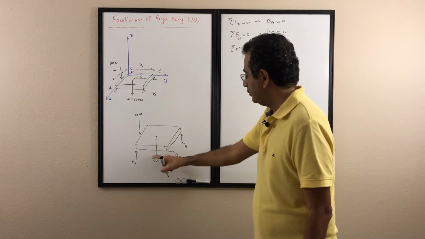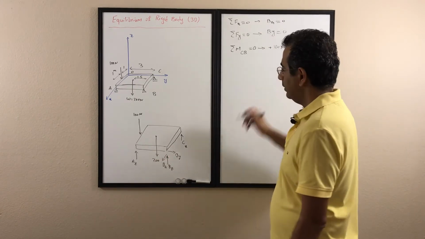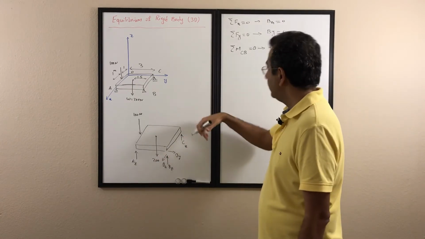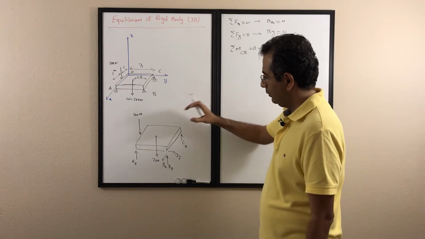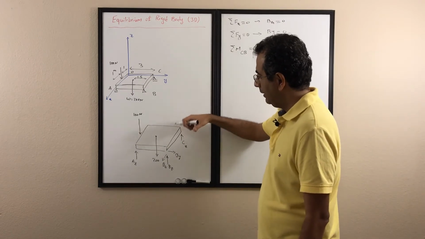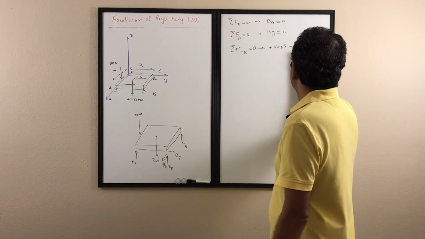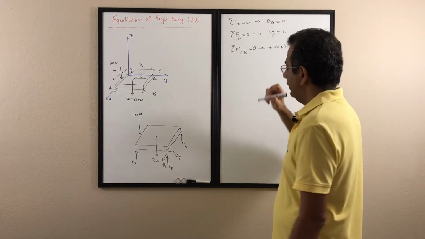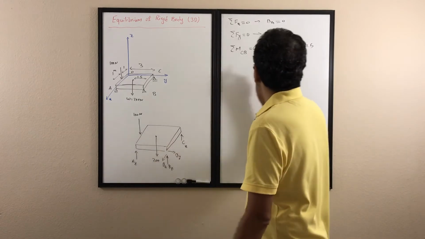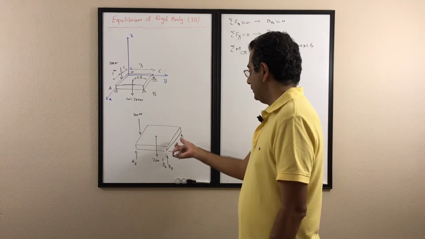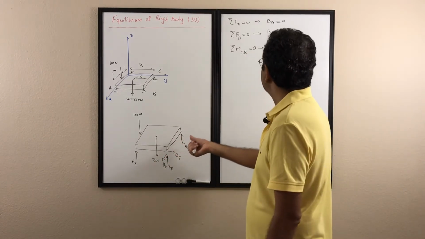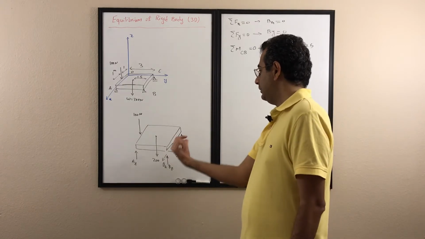Then I will look at the 200. Again, 200 with respect to CB is positive, because if it rotates like that with respect to CB, my thumb shows the positive, so it's going to be 200 times 1.5. Then I have the AZ, which with respect to CB rotates in a negative direction.